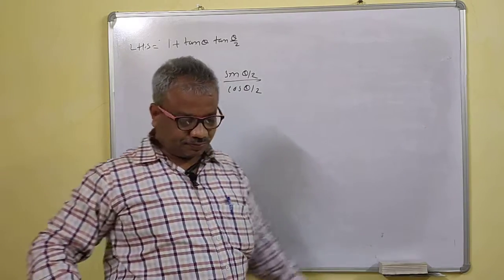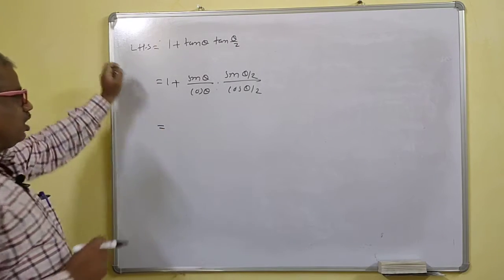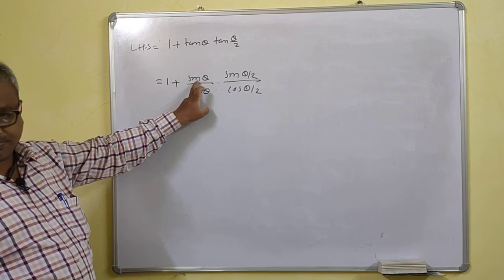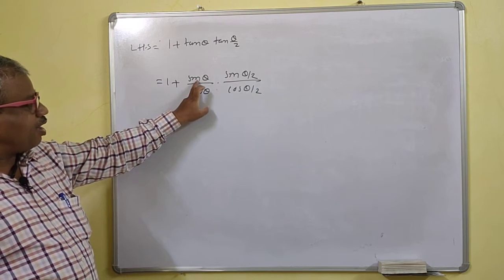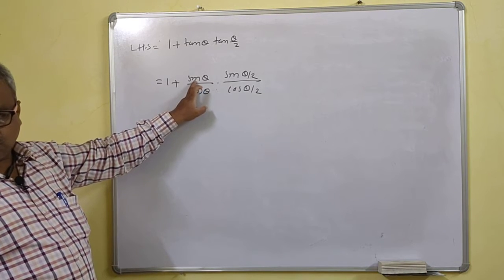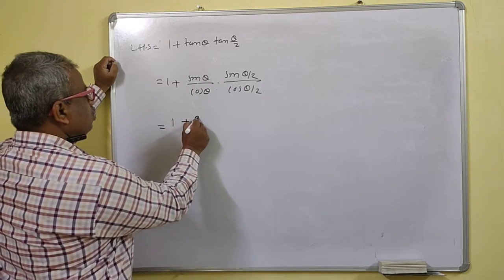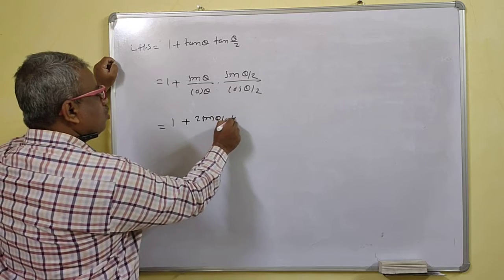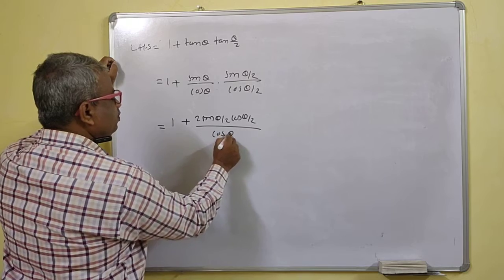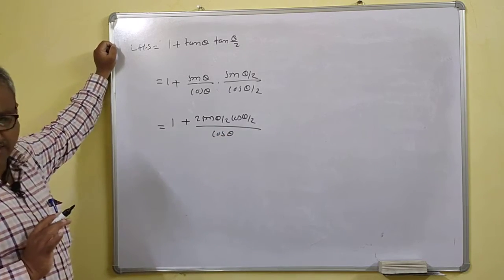Here I will write the formula for sin theta: 2 sin theta by 2 cos theta by 2. So 1 plus 2 sin theta by 2 cos theta by 2 upon, I will write cos theta as it is now, because I want to prove sec theta.